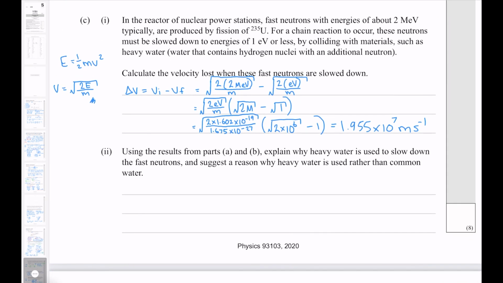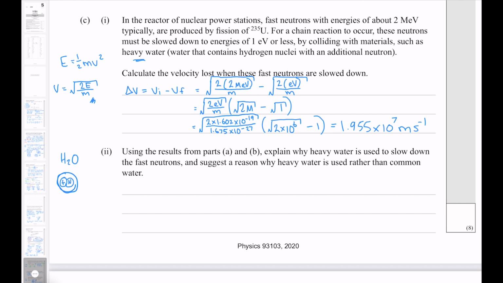Now, the best candidate for this is our H2O, because our two hydrogens in this molecule are quite simply just protons, ignoring the electrons because we're doing nuclear physics here. The problem is that our normal hydrogen with just the proton readily absorbs neutrons. It does so to become our deuterium, which is the component of our heavy water. The next best thing, therefore, is to make water, but instead of using just our stock standard hydrogen, using our heavier hydrogen. Or in other words, using our heavy water.